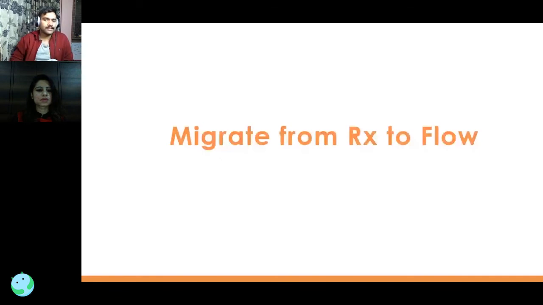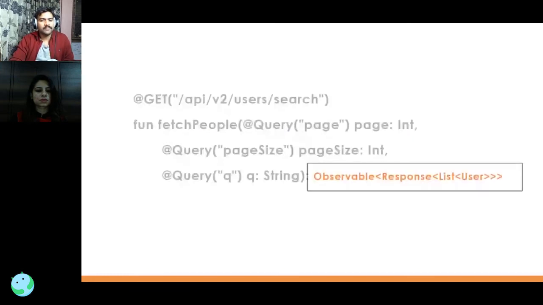So first, let's see what we have. Let's say I have to do an API call where I have to fetch a list of people, correct? So I have my username, I have my endpoint, API v2 user search. I have a certain query which I have to pass on, right? But if you see, we have an observable as the return type, which is an Rx type.